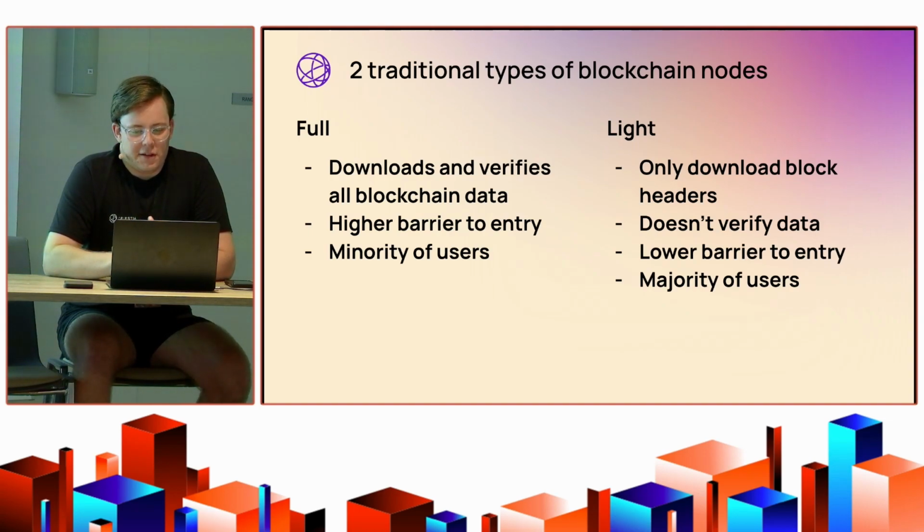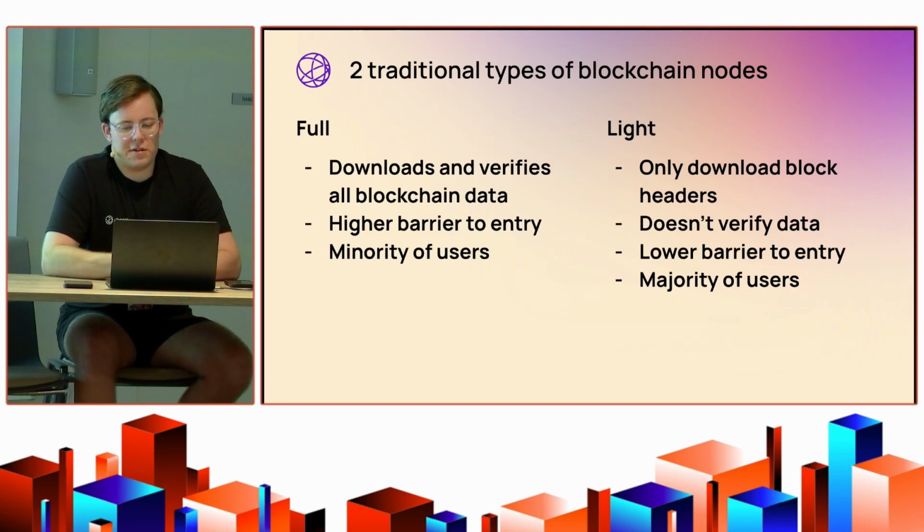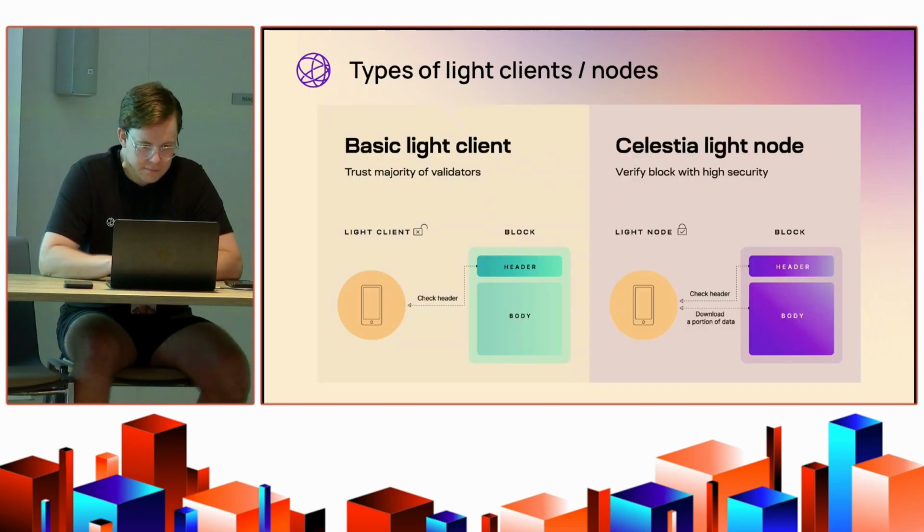It doesn't verify the data, and there's a lower barrier to entry. This is not the Celestia light node, but it allows the majority of users to run this node. And at the end of the day, we are looking forward to a future where more users are running nodes rather than just trusting the full nodes that are in practice a lot more centralized than something that someone could run on their own.